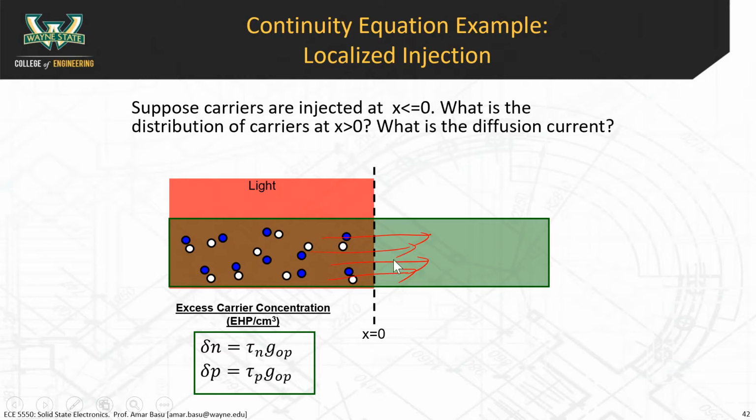That's why they call this localized injection. And so the excess carriers that are diffusing over to the right side, there's a higher carrier concentration at this interface, right? So there's going to be recombination there. The way that you can think about this is that the carriers are generated on this side, then they diffuse over to this side, and then they recombine. So there is going to be more recombination out here.